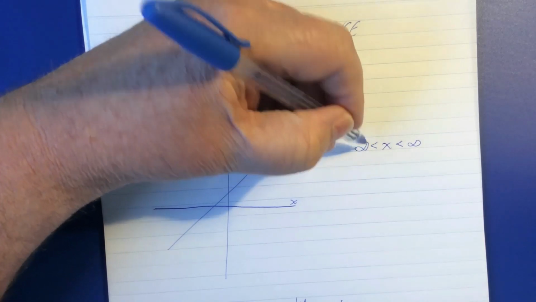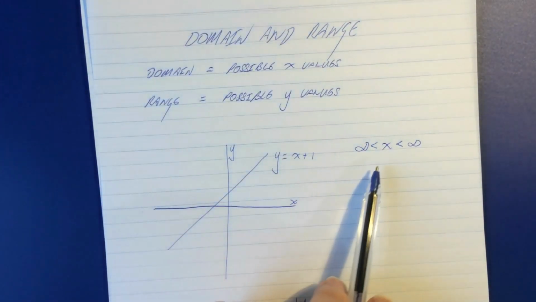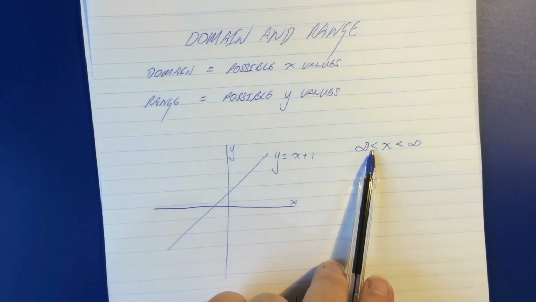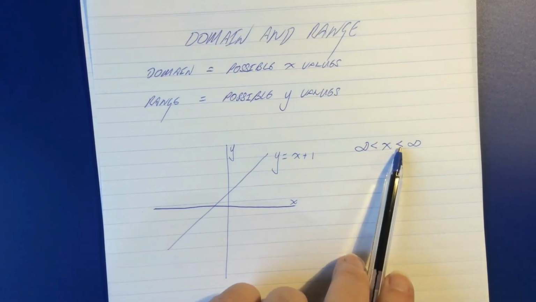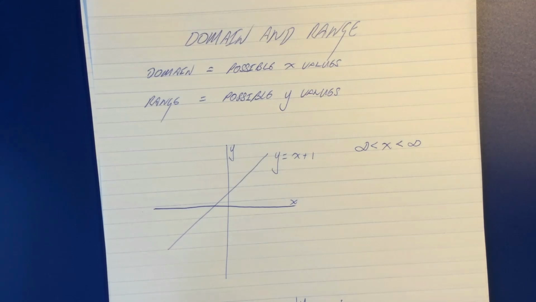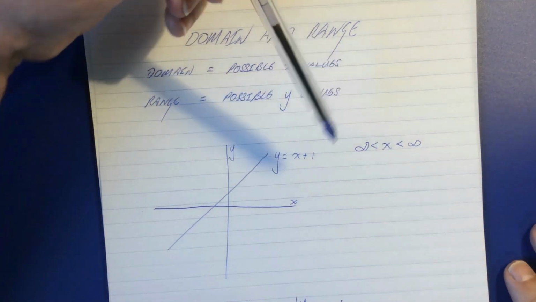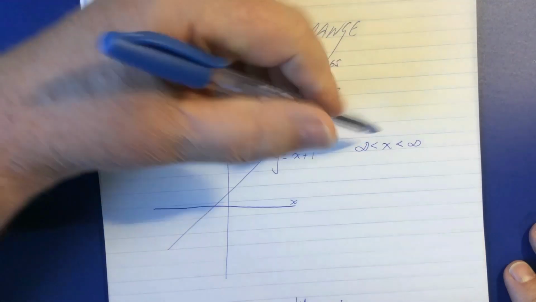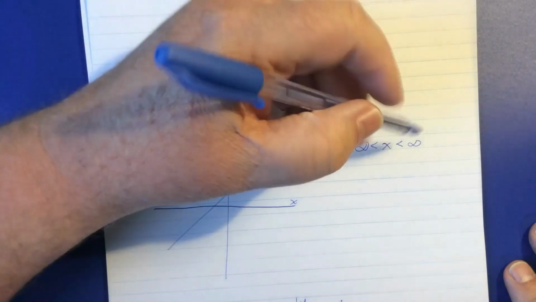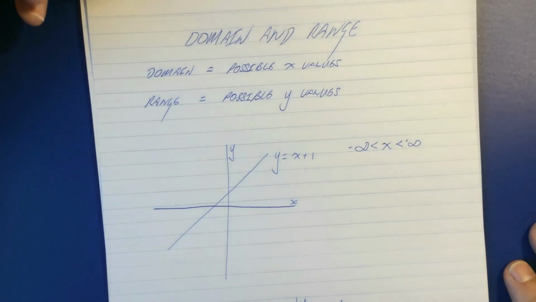Now, it's just occurred to me whether or not I should put equals signs in here as well. I don't think so, because infinity is not really a number, it's an idea. But the domain of this runs from negative infinity to positive infinity.